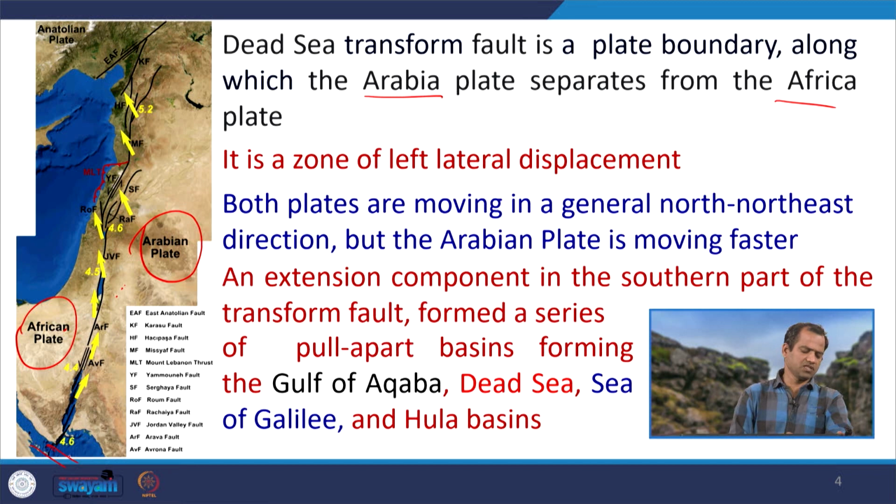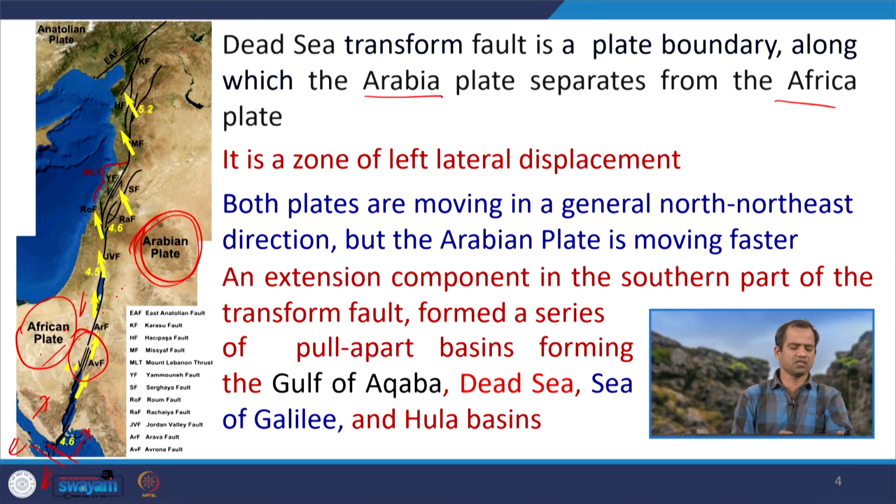We know the Red Sea is a divergent plate margin, and due to this divergent motion, both plates are moving with respect to each other. However, the Arabian plate is moving at a faster rate compared to the African plate, so that is why it is creating a left lateral slip.